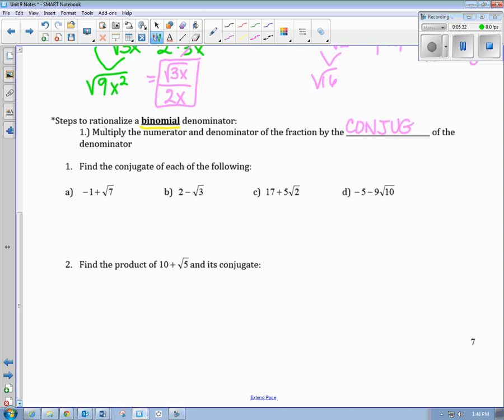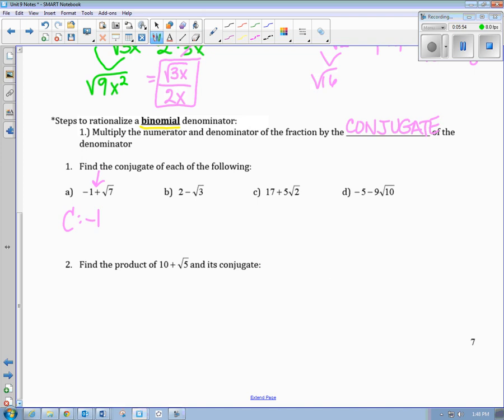Before you can actually do this process, we need to take a couple of examples here and see what a conjugate is. So for question number 1, it's saying find the conjugate of each of the following. You can see that each of the terms are binomials, and to find the conjugate of each of these, you change the middle sign, only the middle one.